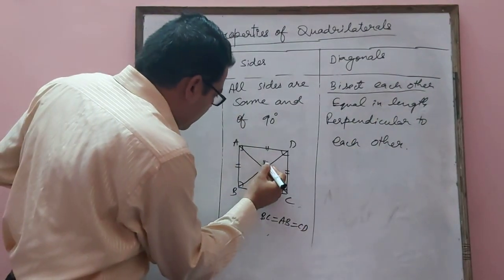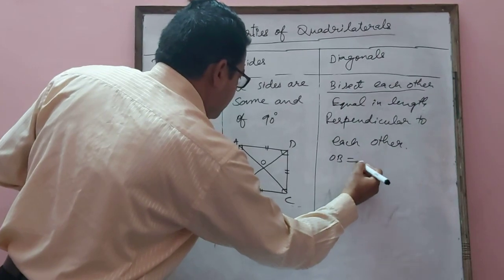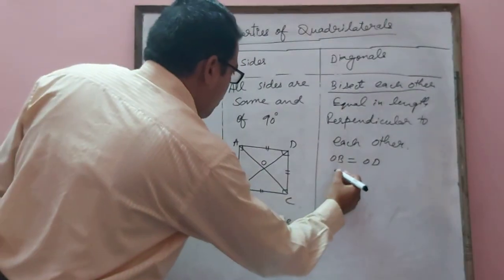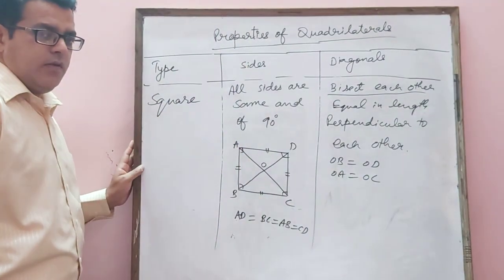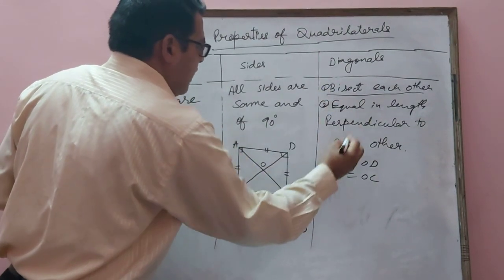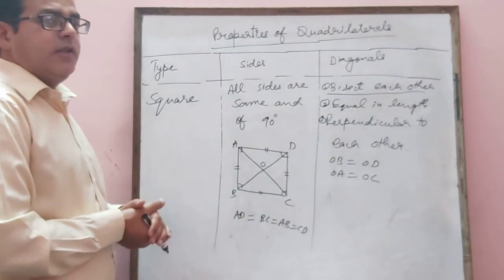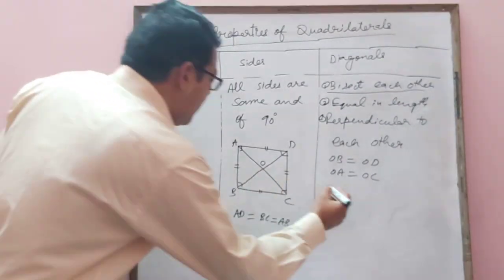Suppose this is the intersection point, so we can say that OB equals OD, and OA equals OC from this property. Now this was the first, this was the second, and this was the third. Second is equal in length. This is a very important property: diagonals are equal in length.